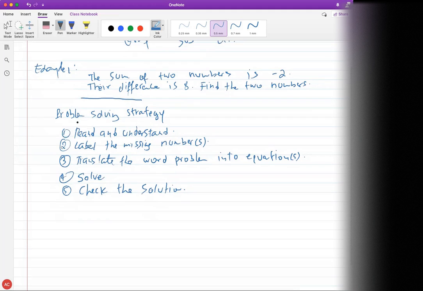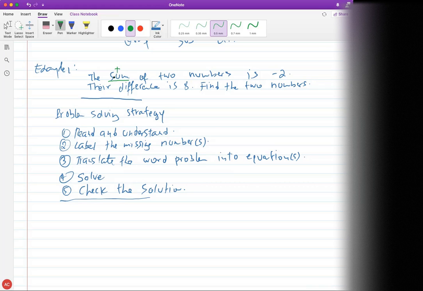So let's go over these steps here. The sum of two numbers is -2. Their difference, meaning the same numbers here, their difference is 8. Find the two numbers. So you need to understand every word here, especially the keywords. Sum, we all know, the operation for sum is of course addition.